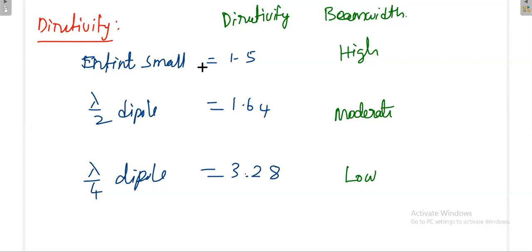But this is a practical antenna; once you apply the limiting condition, the infinitesimal small antenna can go to the isotropic antenna. That's why it has less directivity and high beam width. So you can compare this with the isotropic radiator, which is an ideal antenna, while lambda by 2 dipole and lambda by 4 antenna are all practical antennas.